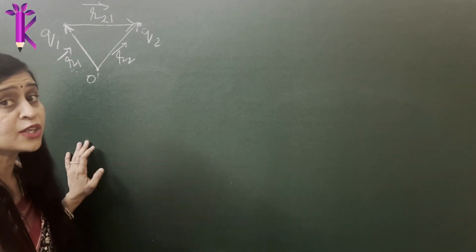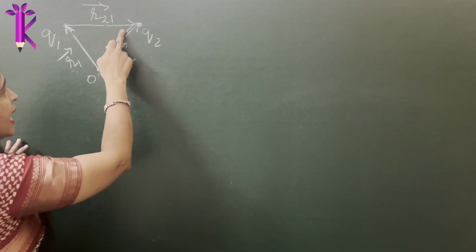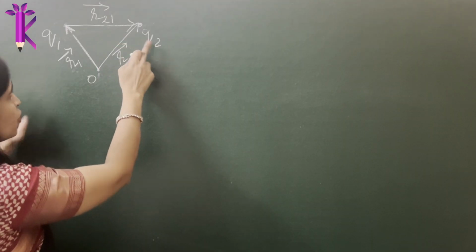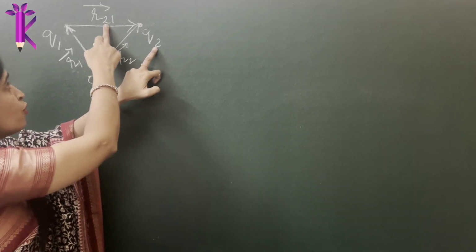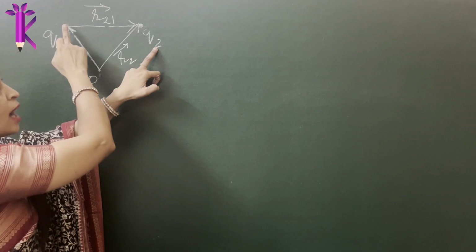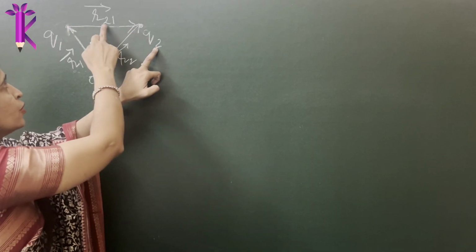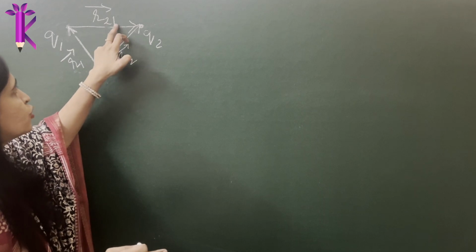When I write R21, it doesn't mean the arrow is pointing towards Q1. Since the arrow is pointing towards Q2, I write 2 first, then 1, because it's a line pointing from Q1 towards Q2. Therefore, this vector is what is known as R21.